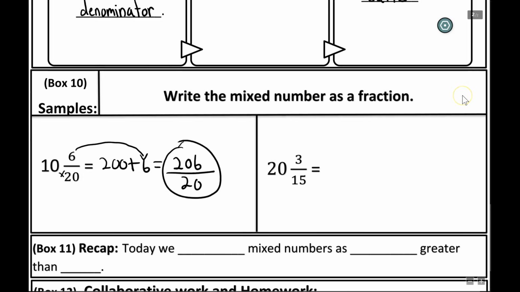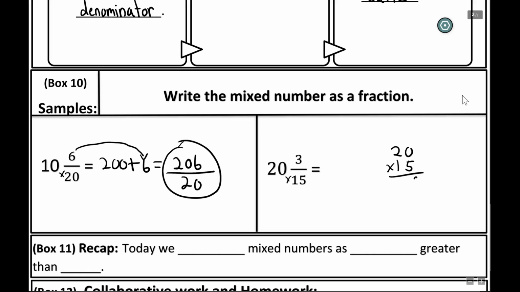Going into our next problem, I have 20 3/15. So again, I need to multiply my whole number times the denominator. 20 times 15. Well, what I'm going to do is I'm just going to go like this and actually put them in vertical form. Okay, you might need to do this sometimes, and if you don't, no big deal, but I'm just doing it just to show you guys, okay, if you struggle with the multiplication.